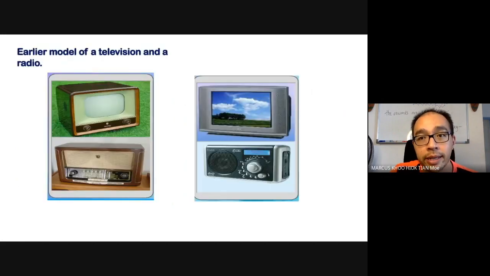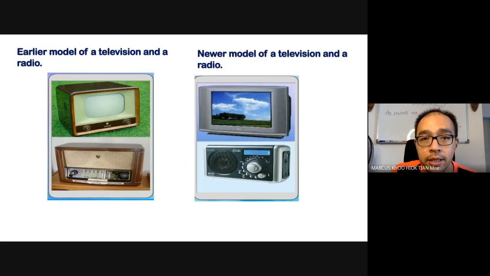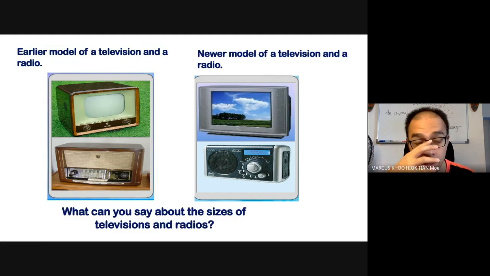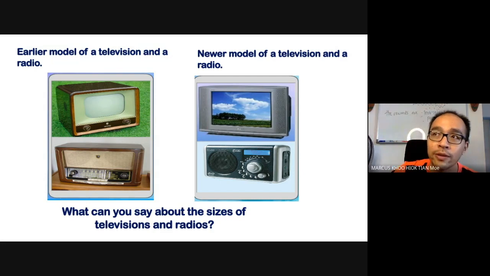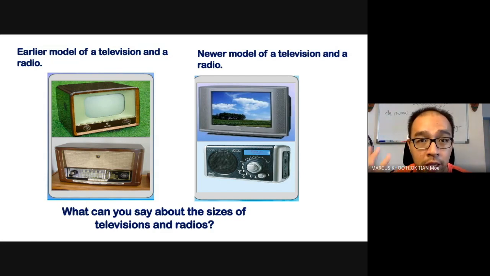So when we look at our technology today, we find that things are getting smaller and smaller. In the past, the radio was a huge machine full of electronic components. The newer model, the one with the big back that we talked about, the cathode ray tube, is also big but it's definitely smaller than the older one.